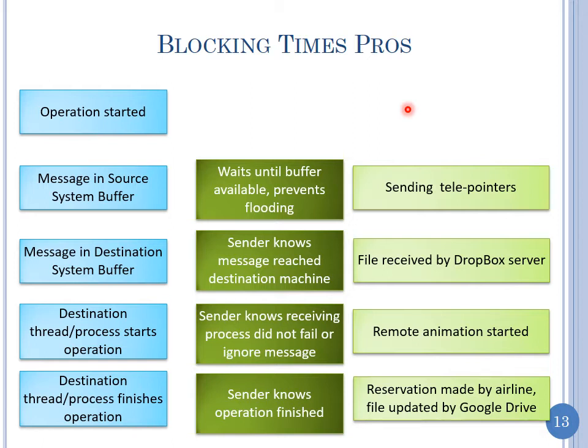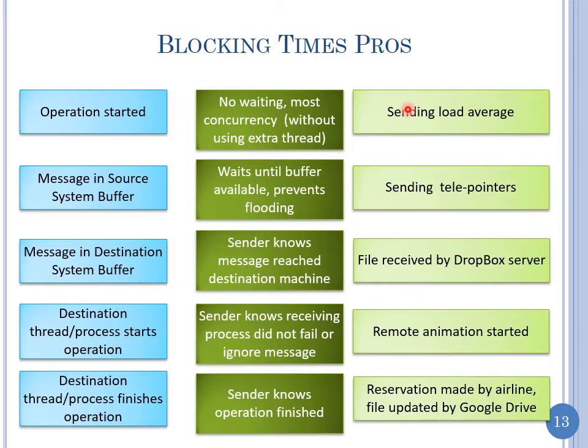So if I'm sending telepointers, I just want to make sure that there are system buffers, and I want to slow down my communication if I'm flooding the system, because that's just going to make the system go slower. So I might want the system to block me if I'm hogging the network and hogging the buffers.